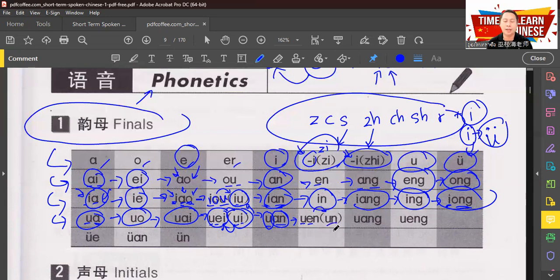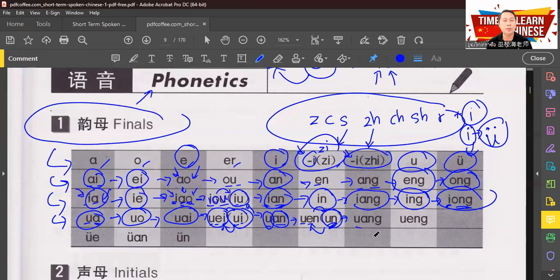Like un, you can say like un. So if you want to speak out more standard, you can say wen, but for the short form, un is okay. Also say.